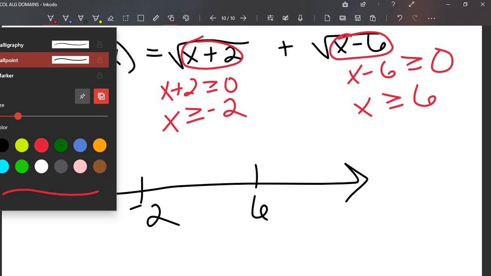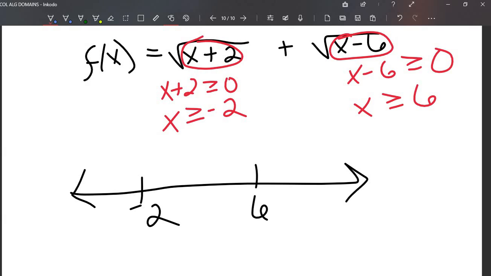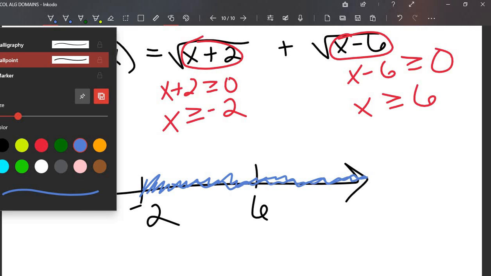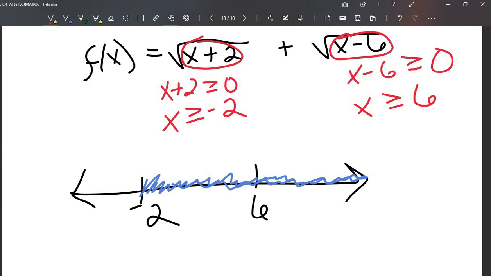Now, if I were to shade greater than negative 2, I would go this direction. Now I want to turn around and shade greater than 6. I'm going to use a different color. I guess we'll use yellow. I'm going to start at 6 and we're going to go this direction.